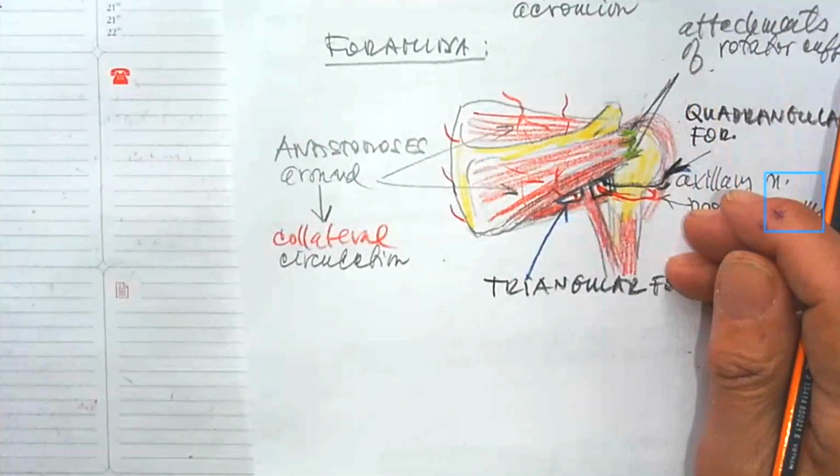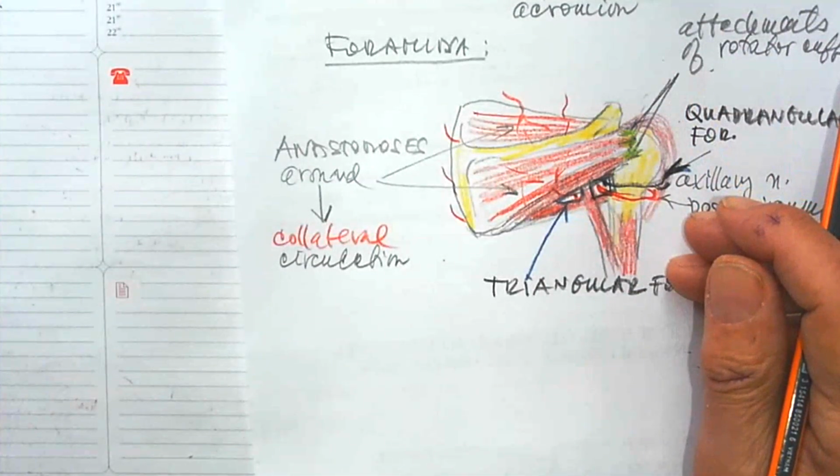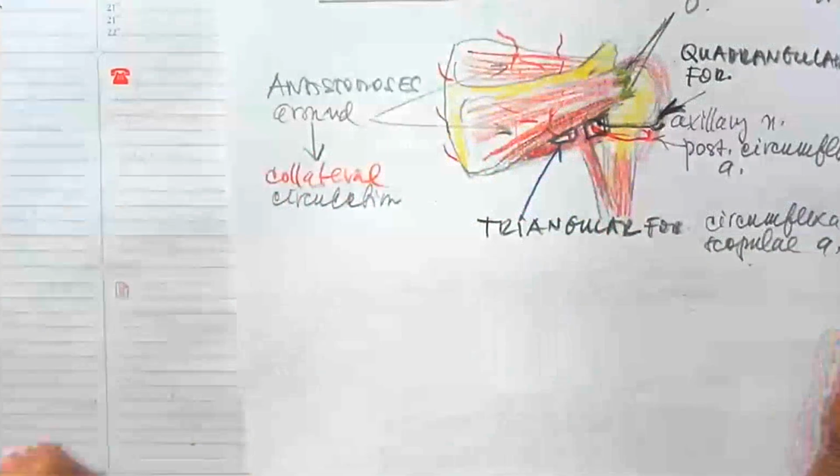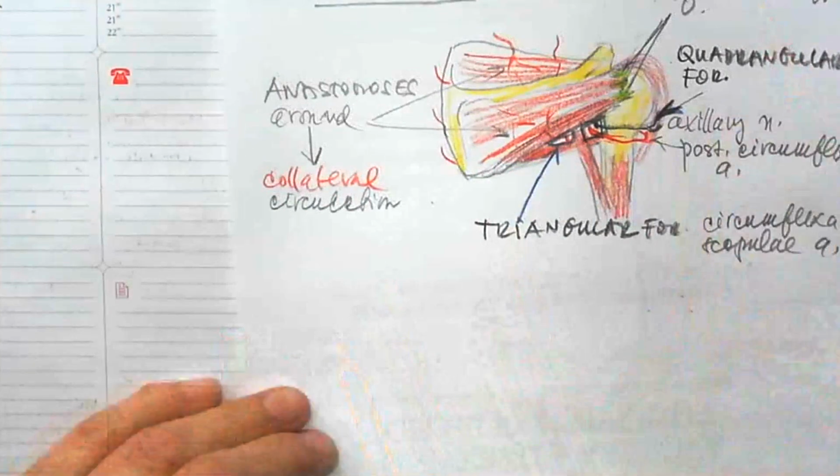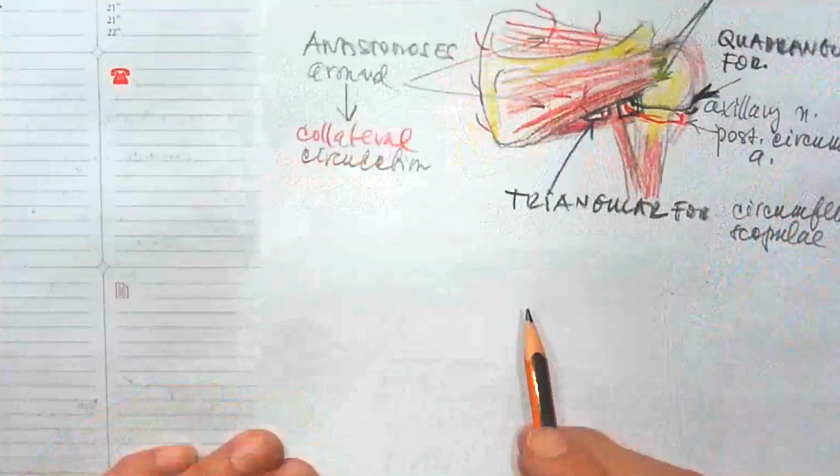We can name them in the next diagram. So I mean that this could be sufficient information. We will repeat the rotator cuff in the next text.